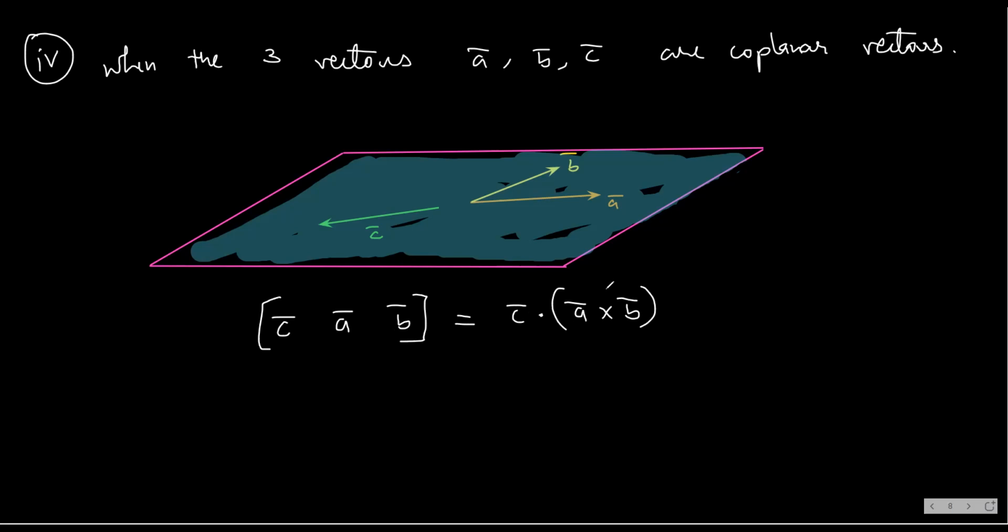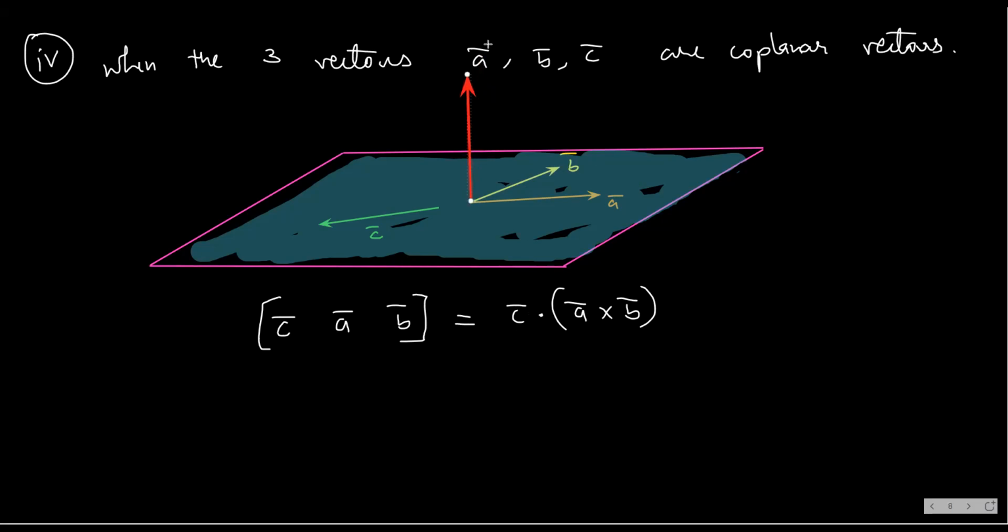Yes. So let me find out a bar cross b bar. When I find a bar cross b bar, you all know I will start from a bar, go to b bar with my four fingers, and then the direction of the thumb will give me the direction of a bar cross b bar. So this is the direction of a bar cross b bar.